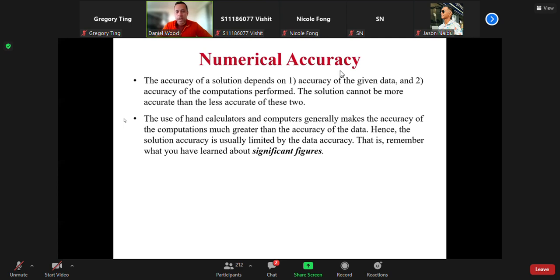And unfortunately, this is a big problem. What I'd like you to think about when you're doing your calculations at this stage is, don't extend your calculations to decimals. If you can avoid using decimals in your calculations, it's a good thing.